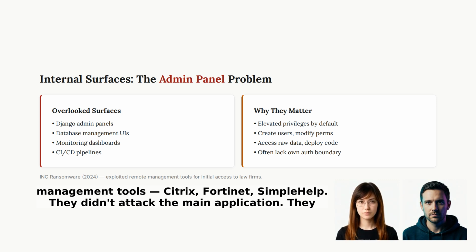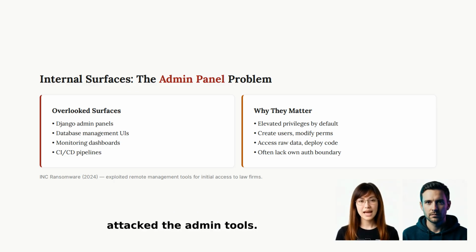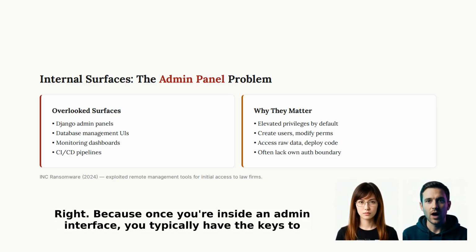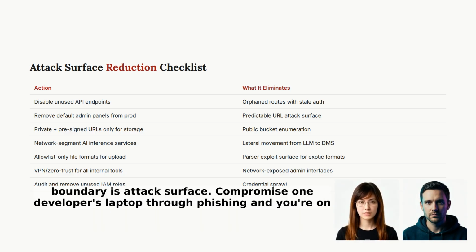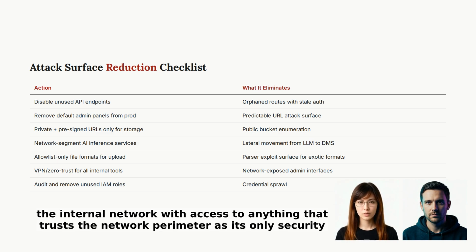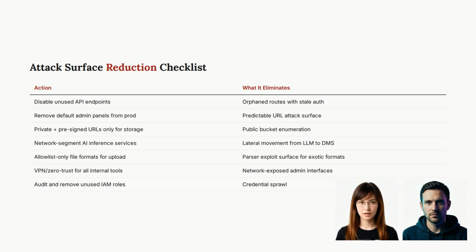Citrix, Fortinet, SimpleHelp. They didn't attack the main application. They attacked the admin tools. Right, because once you're inside an admin interface, you typically have the keys to everything. Exactly. Every internal tool exposed to the network without its own authentication boundary is attack surface. Compromise one developer's laptop through phishing, and you're on the internal network with access to anything that trusts the network perimeter as its only security layer.